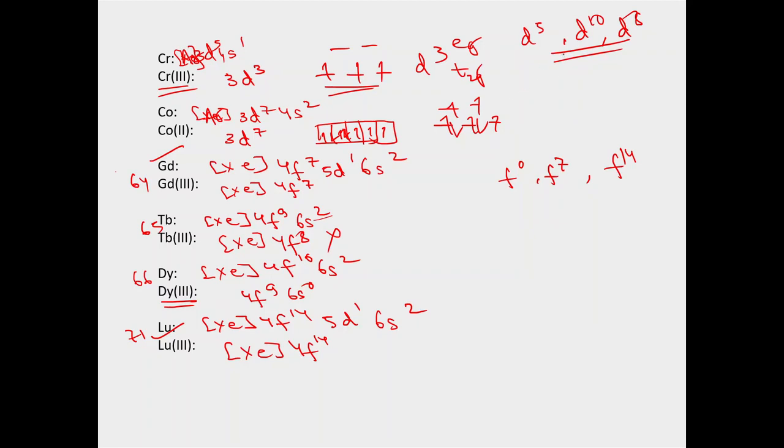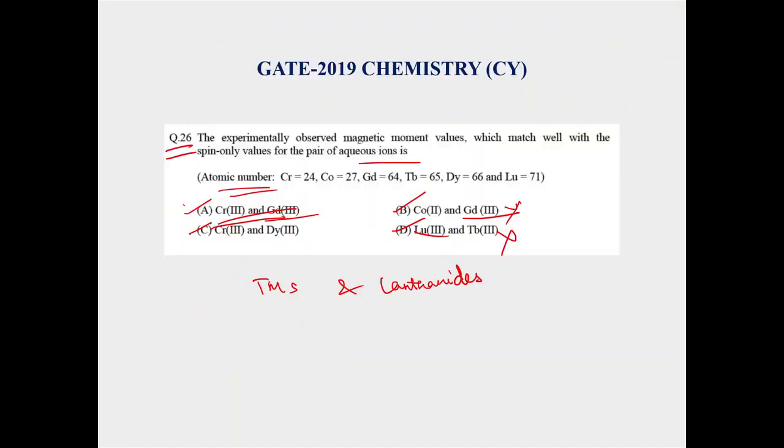But actually, I have one question. I know that d5 and d10 will not have orbital contribution, but I am not sure about d8 and d3. Sorry for this, I have a confusion. I will read more about it and tell you why it is not having this orbital contribution.